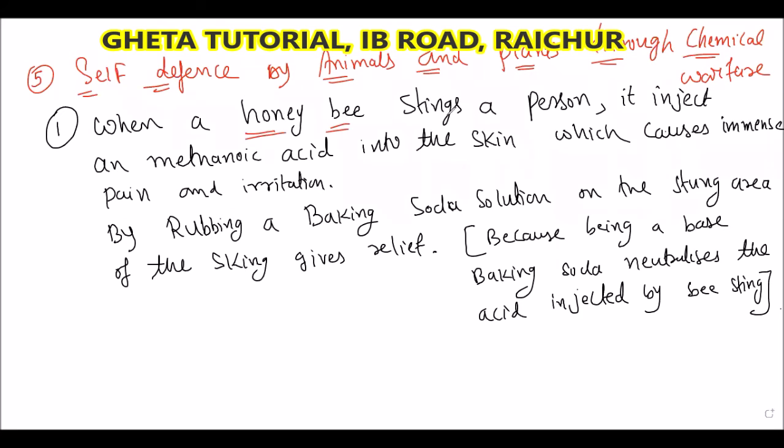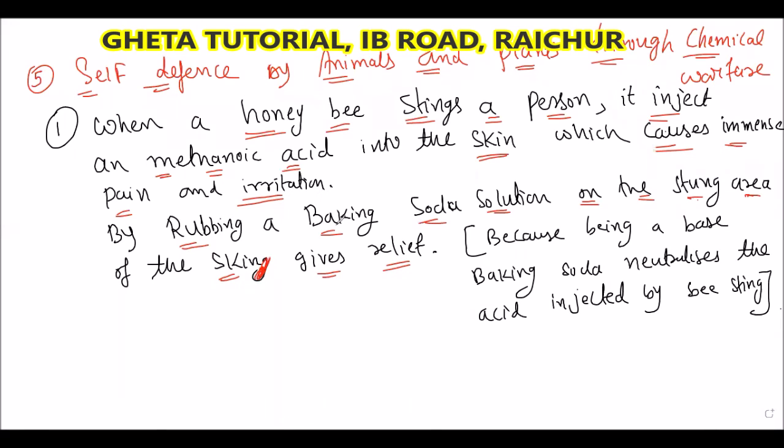When a honeybee stings a person, it injects methanoic acid into the skin, which causes immense pain and irritation. Then rubbing a baking soda solution on the stung area of the skin gives relief from the pain.